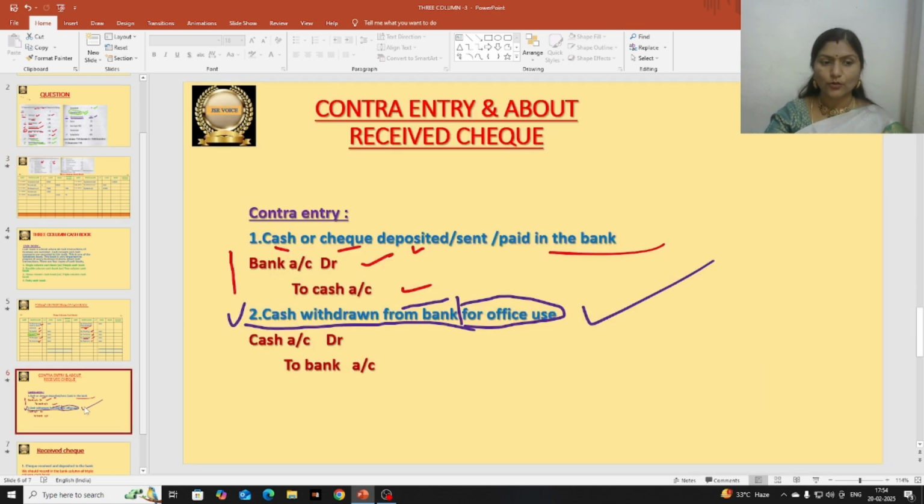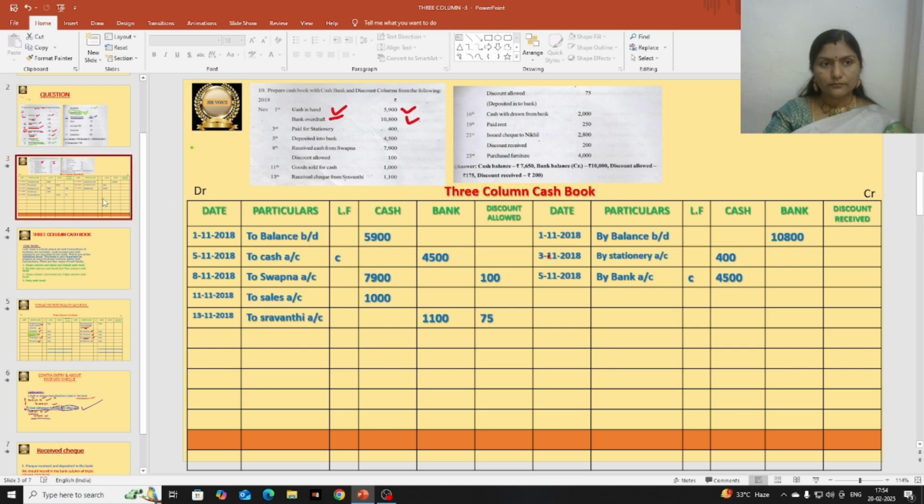You see, I will show. Cash account debit to bank account. So to bank account we will record on debit side. Cash account we will write on credit side. Okay, we will start with by cash account. So let us record here. In date column, date.